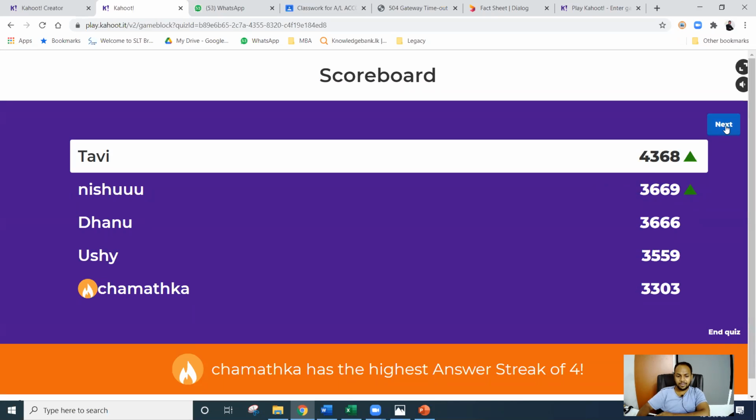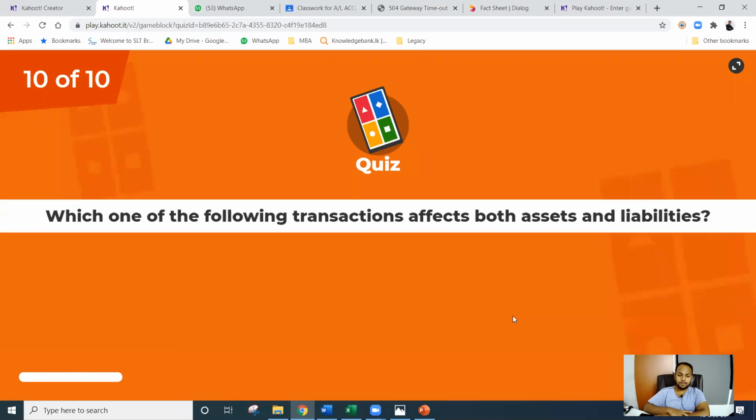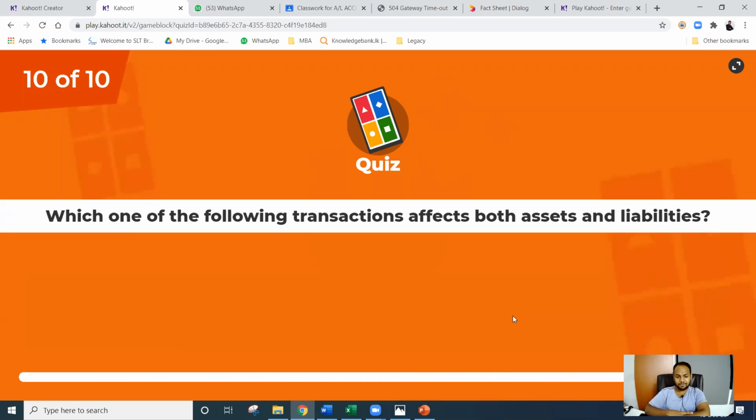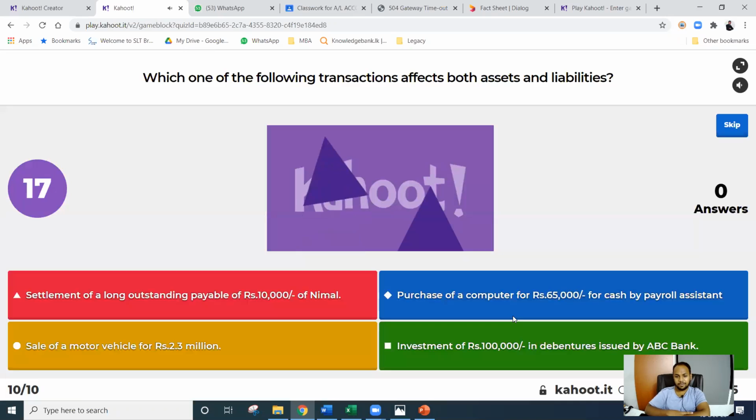Right. Then we have one more last question. Which transaction affects both assets and liabilities?